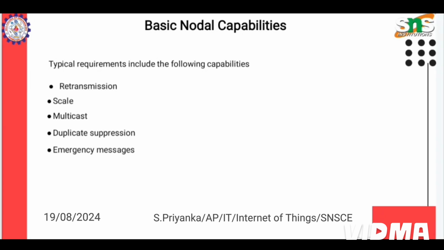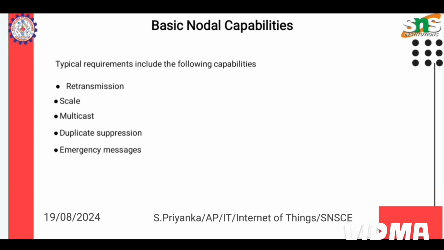Its recovery is immediate in retransmission. Next is the scale. Scale consists of thousands of nodes, and also multiple link speeds. Next is multicast. Multicast mainly consists of network-wide and reliable delivery.